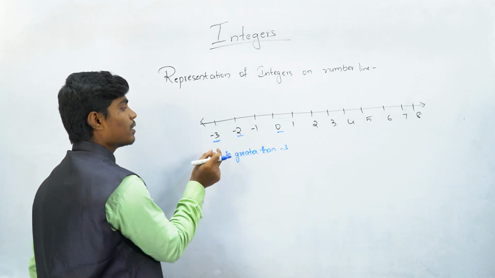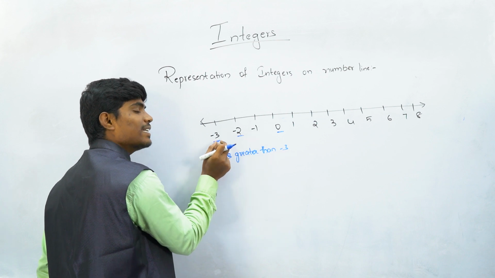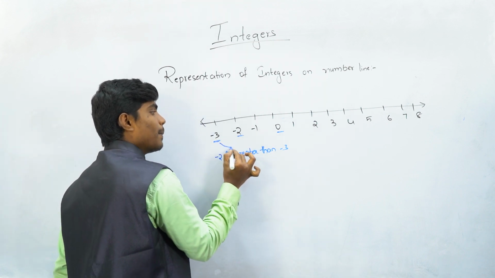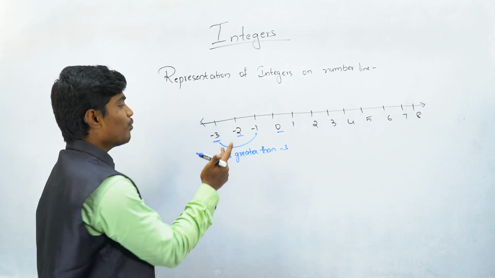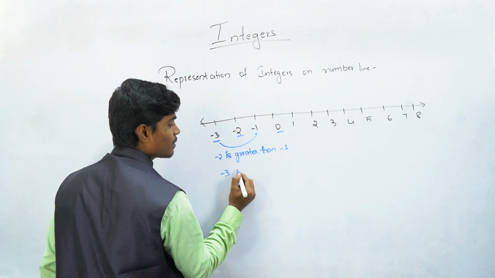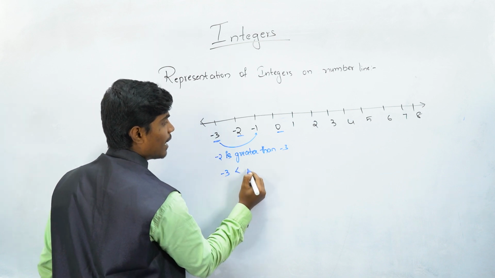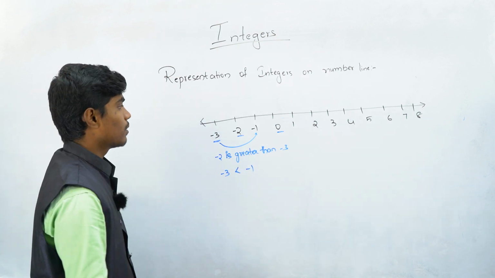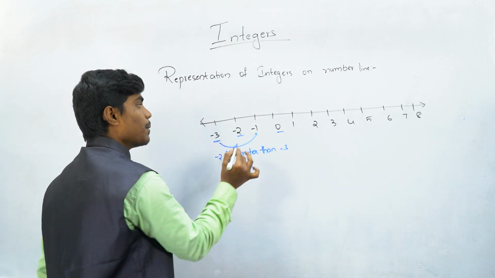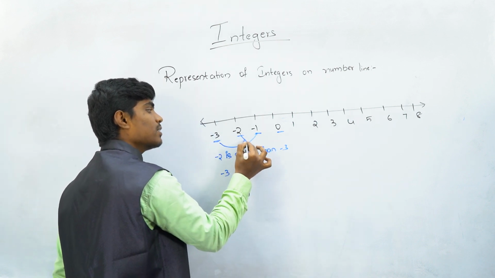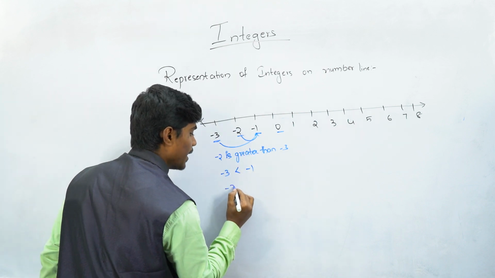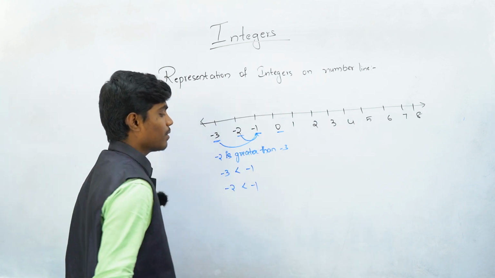And if we take -1 and -3, -1 is also on the right side of -3, so -3 is less than -1. Now we compare -1 with -2. -1 is also on the right side of -2, so -2 is less than -1.